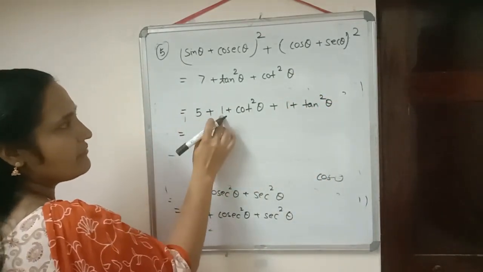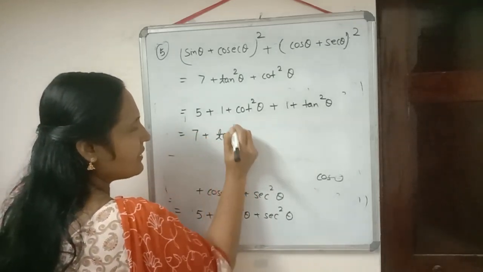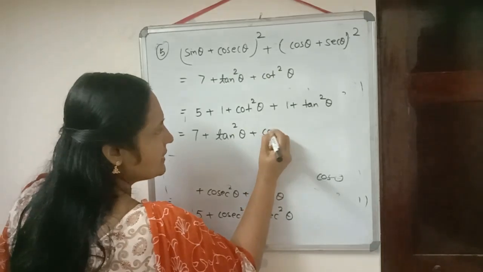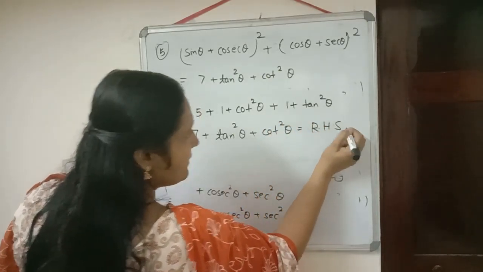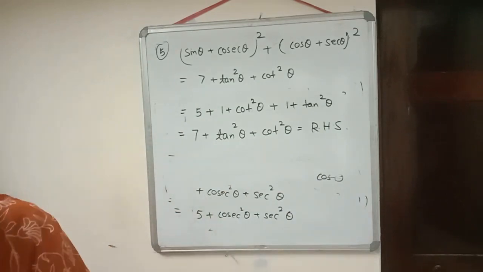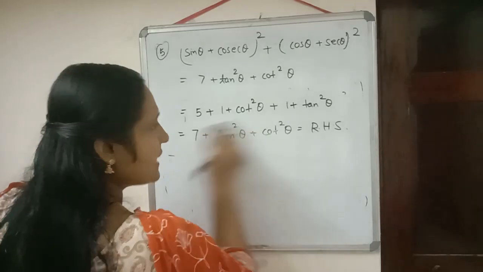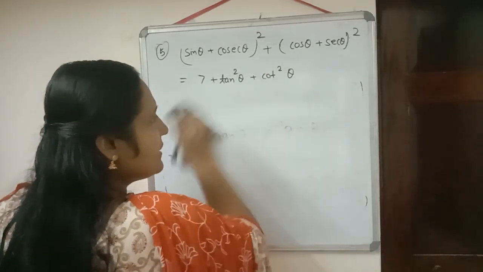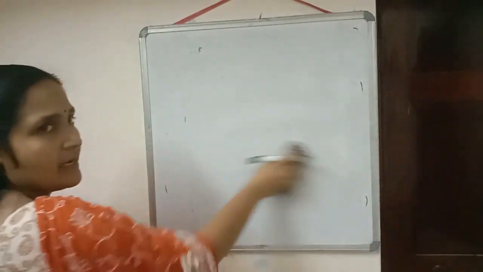So what we will get here? 5 plus 1, 6 plus 1, 7. So we are getting here 7 plus tan square theta plus cot square theta, which is equal to our right hand side. So once again I am saying there, whenever you are doing any question, just to check what are the things we required in our right hand side and use the identity accordingly.